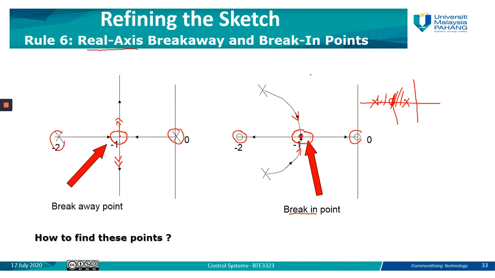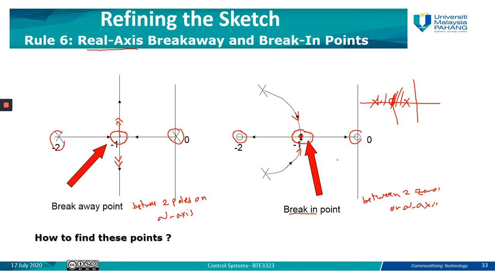So, the breakaway point is between two poles on the sigma axis or real axis. The break-in point is between two zeros on the real axis or sigma axis.